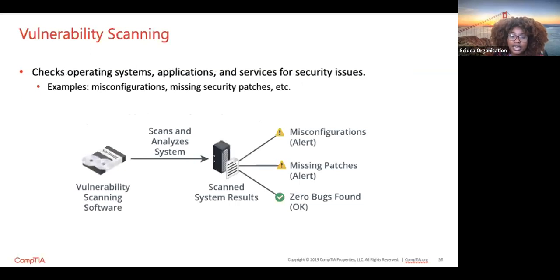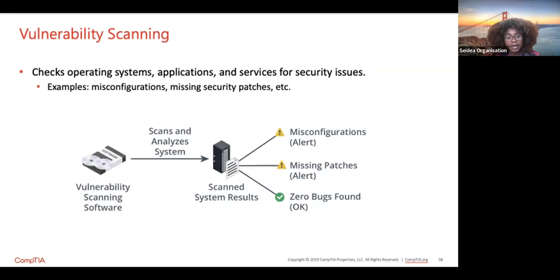The next one we're looking at is vulnerability scanning. Vulnerability scanning is an automated assessment of systems, and this allows the organization to understand its security weaknesses, because it scans the devices to see where the vulnerabilities may be. It checks operating systems, applications, and services for security issues.